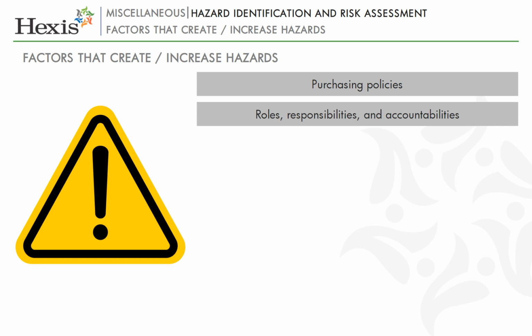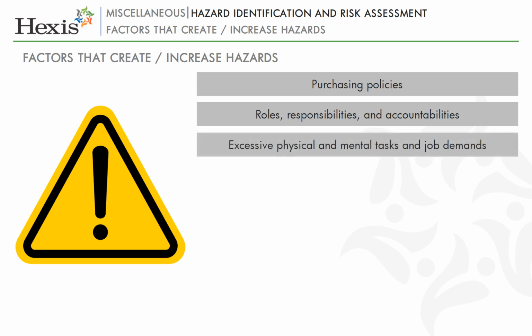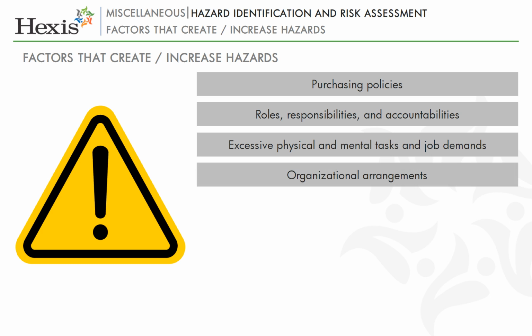It applies especially in emergency situations. Excessive physical and mental tasks and job demands which may lead to an inability to keep the worker's mind on the job. Organizational arrangements such as shift work and rosters may lead to fatigue and human error where workers are working for long hours or are working more than one job.